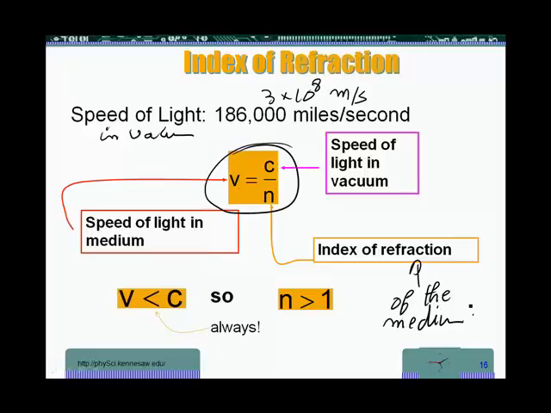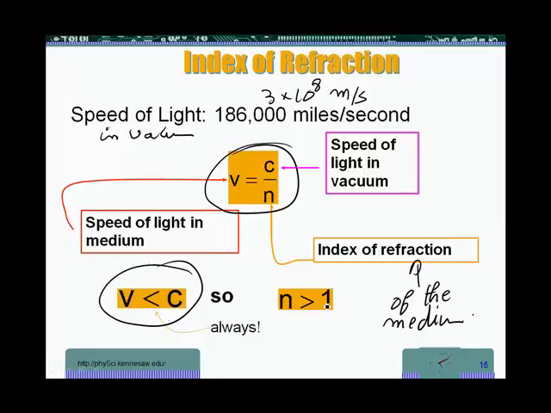Now, the speed of light in vacuum is the highest speed that light can move with, meaning that all V's are going to be smaller than C. They cannot be larger than C. That's, if you take a little modern physics, that's the basis of relativity.